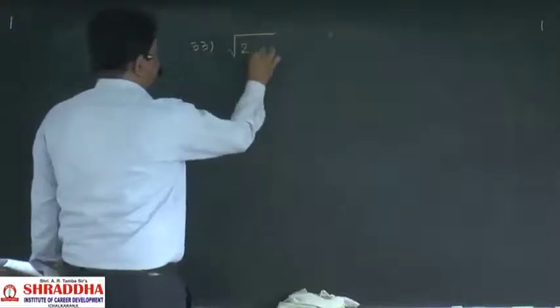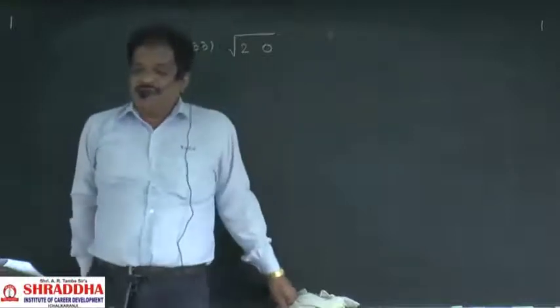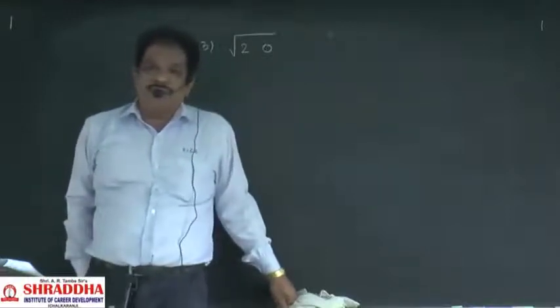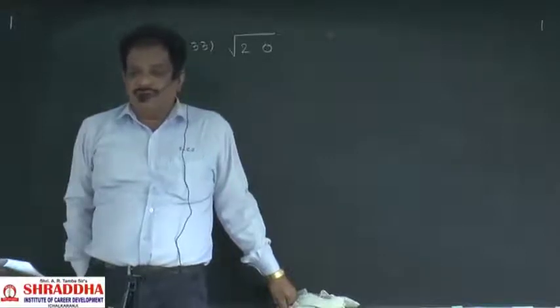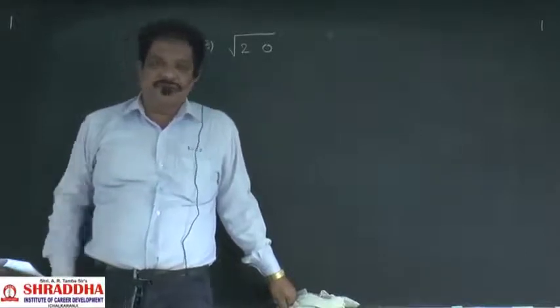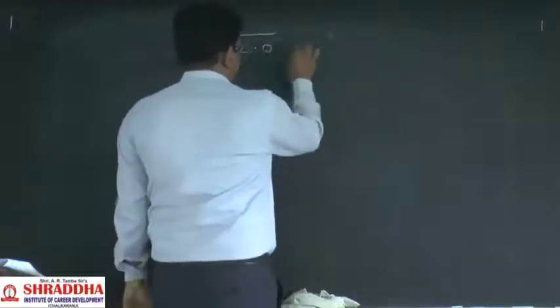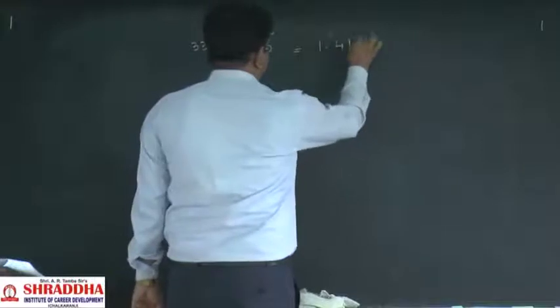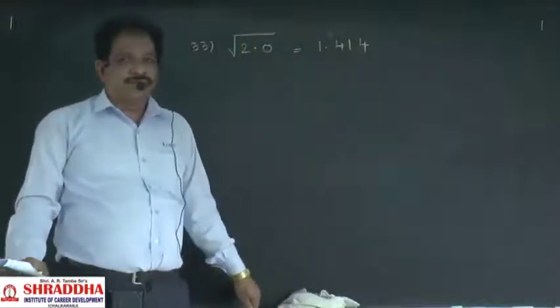Root of 2.0 will have how many significant figures? So 2.0 will have 2 significant figures. Actually, root 2 value you know, that's 1.414.